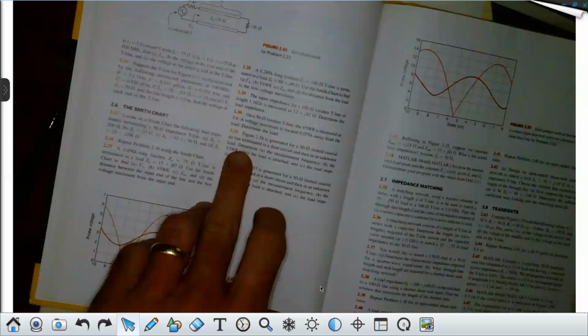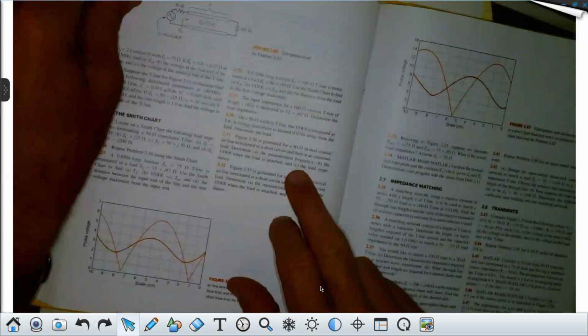In figure 2.56 is generated for a 50 ohm slotted coax airline terminated in a short circuit and then an unknown load. Determine the measurement frequency, the VSWR, and the load impedance when the load is attached.